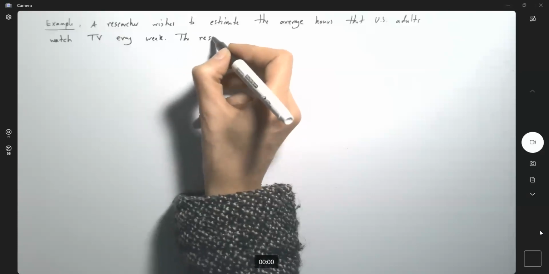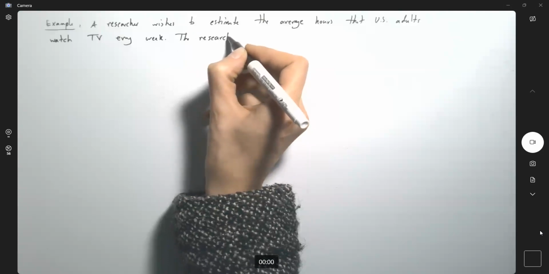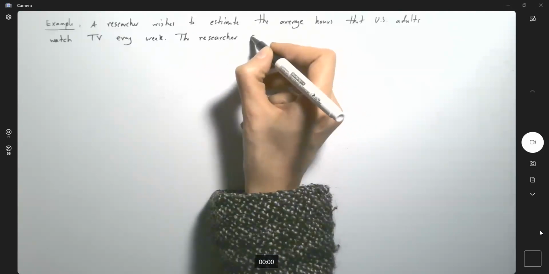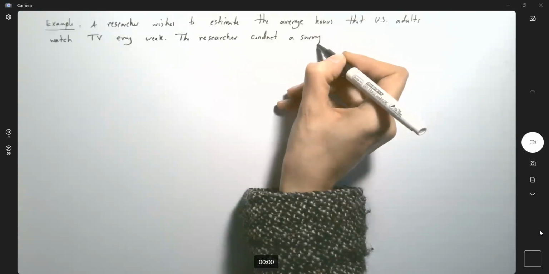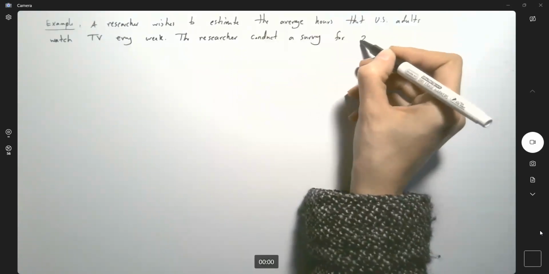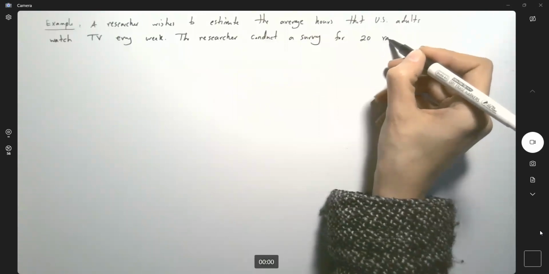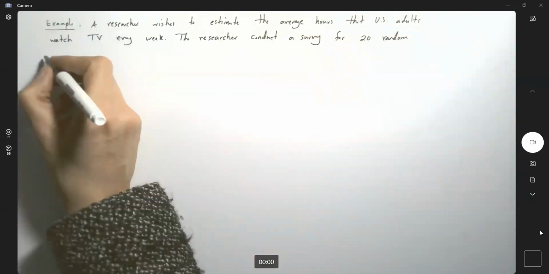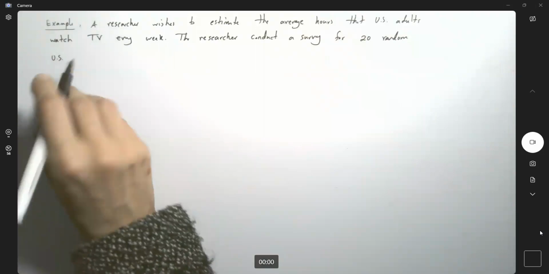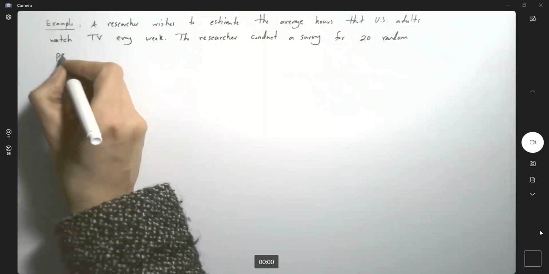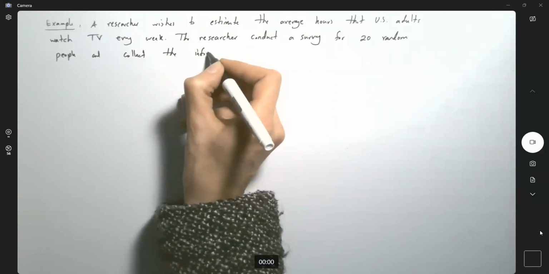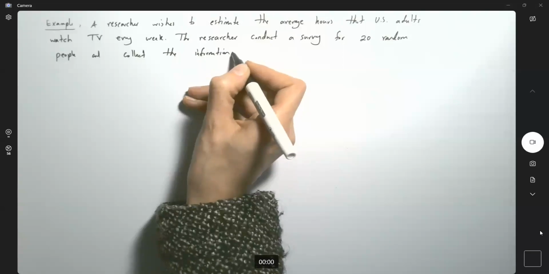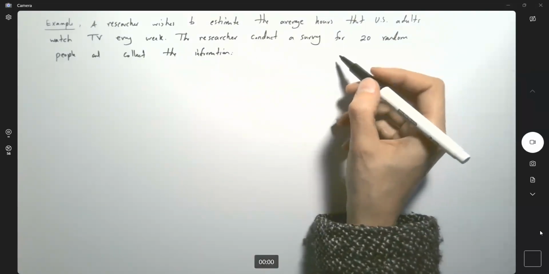The researcher conducts a survey for 20 random people and collects the information for data as written here.